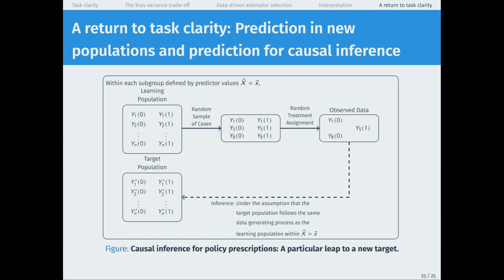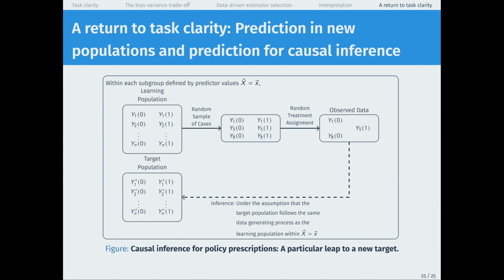That's Y1(1). And it would be really nice if we started by first taking a random sample of cases. This is like randomly choosing some kids entering Statsville West in 2017. Then among those cases, it would be nice if we randomly assigned the treatments. So randomly assign them to either receive tutoring or not. So in this case, we have student 1 did not receive tutoring, student 5 did, and student 8 did not.